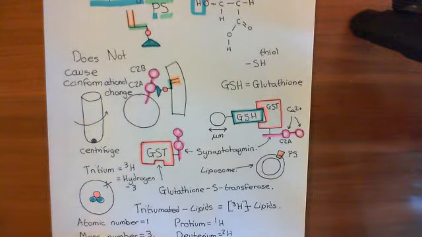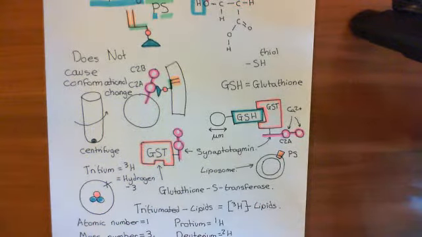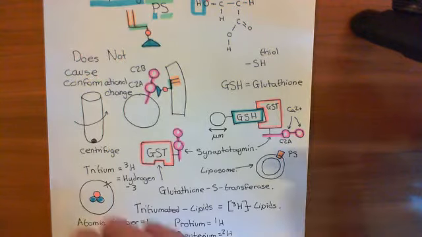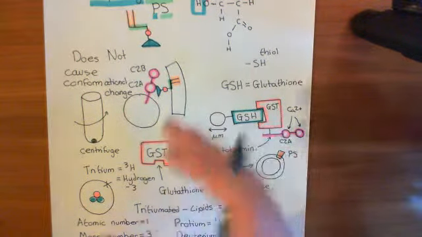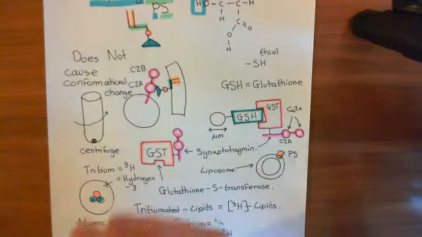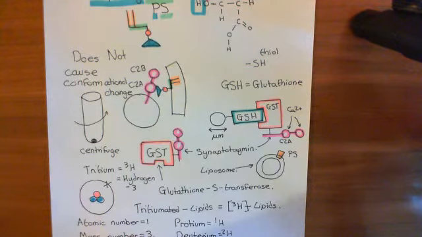Basically the problem is that we've done this assay which shows that the synaptotagmin does indeed bind to phosphatidylserine. The problem is, what we did is we mixed these all together, we left them alone for half an hour, and then the synaptotagmin did bind to the liposome.